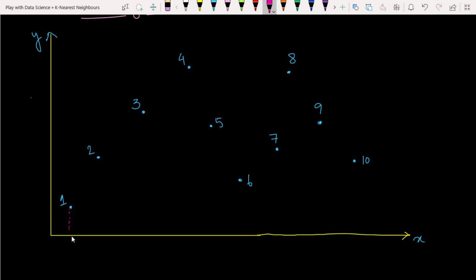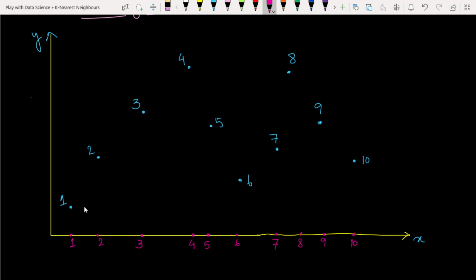The image of 1 will be here, of 2 here, of 3 here, of 4 here, and likewise 5, 6, 7, 8, 9, and 10.